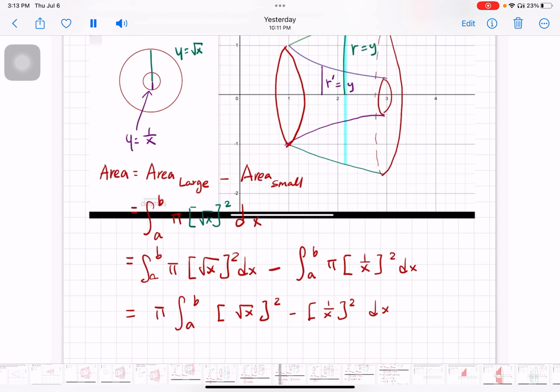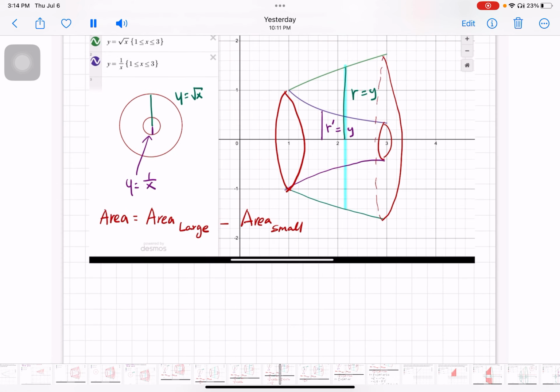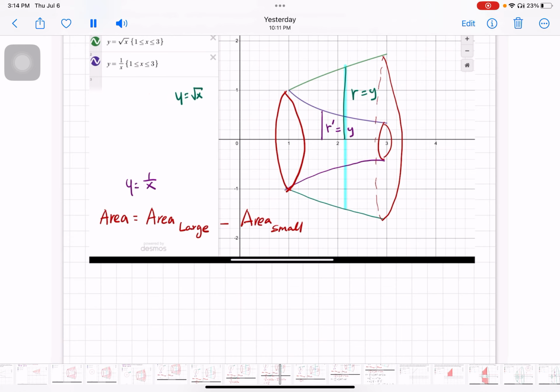We can combine them by pulling out the pi and combining the integral symbols to get pi times the integral from a to b of the larger radius squared minus the smaller radius squared. So combining everything for this particular problem, we are going to integrate from 1 to 3 because that is going to be our interval.